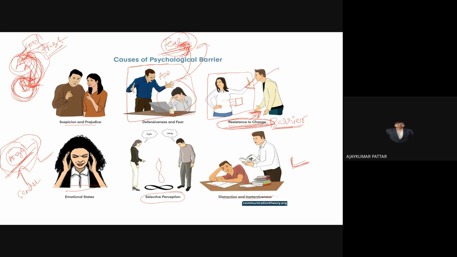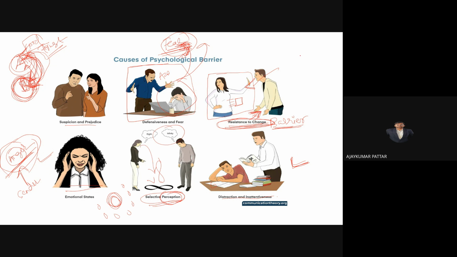See, if this thing, she is thinking it is 8 from this side, but he is thinking it is infinity. So perception is also different, because one same incident, different persons will perceive in different ways, because perception will act as a barrier.